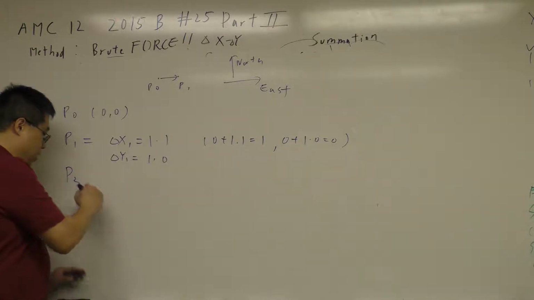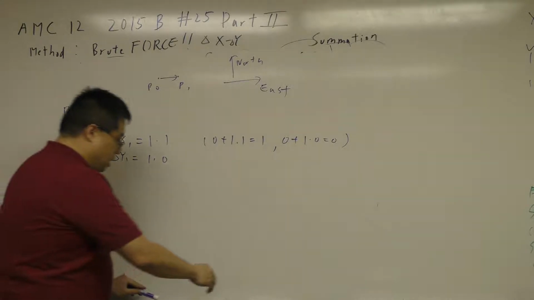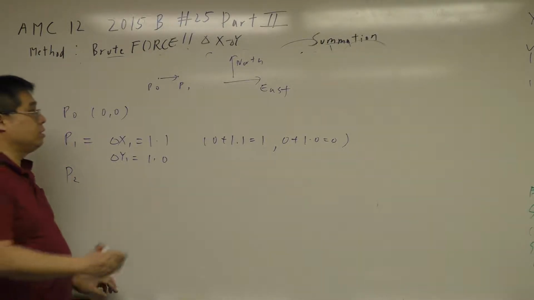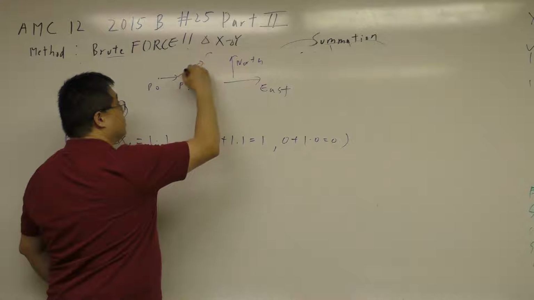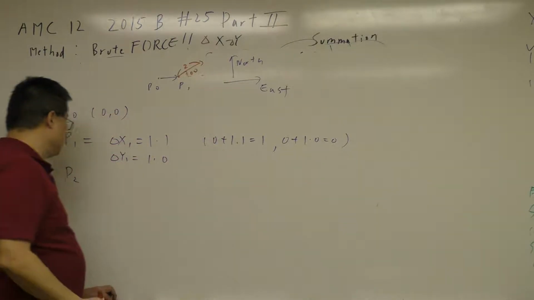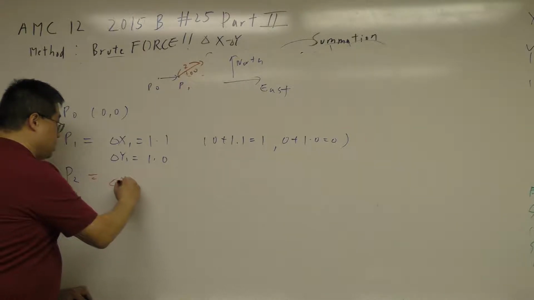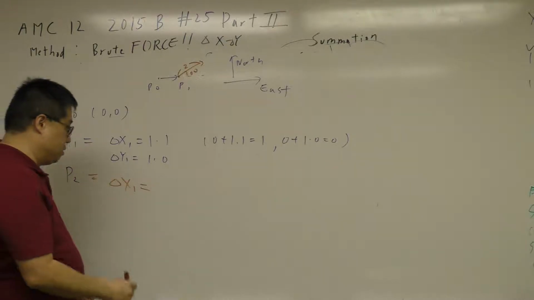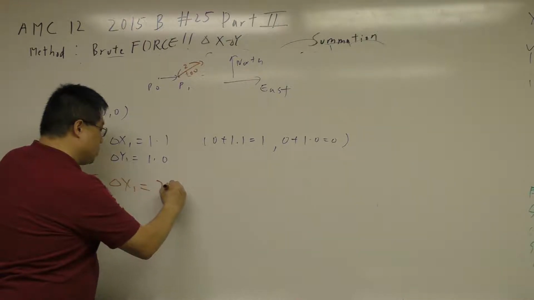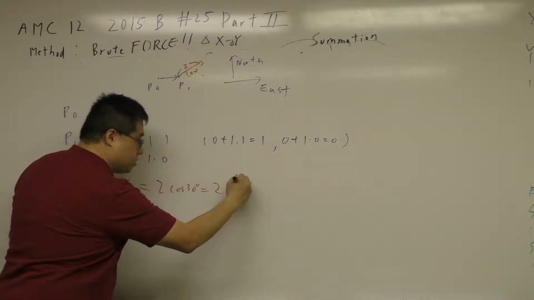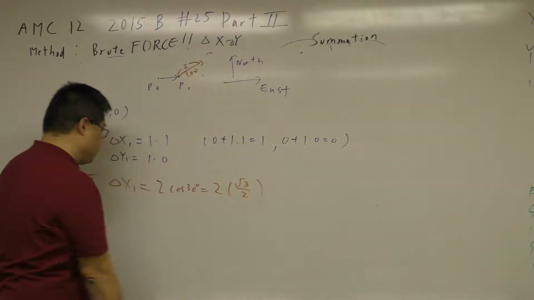Why did I write this in this fashion? Well, because of the next trip. On the next trip, you're not going in the same direction. You have turned 30 degrees up. Your length is 2. So your change in x, I hope you remember this from your trigonometry lessons, is equal to 2 times cosine 30 degrees, which is equal to 2 times square root 3 over 2.